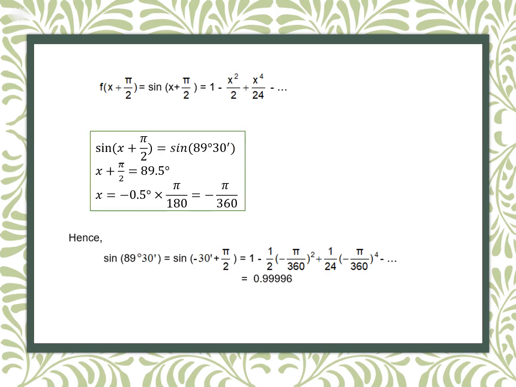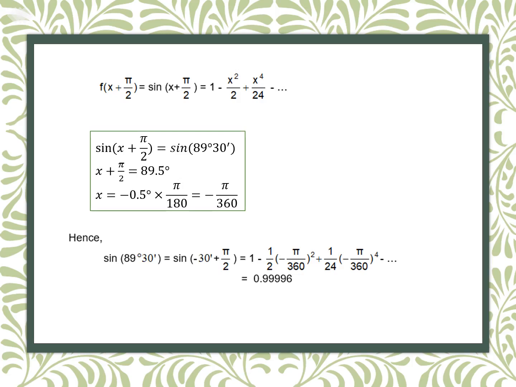To evaluate sine 89 degree 30 minutes using the expansion, you need to determine the value of x in radian first. Sine 89 degree 30 minutes is equal to sine 89.5 degree. By equating sine x plus pi over 2 with sine 89.5 degree, you will obtain x equal to negative 0.5 degree.